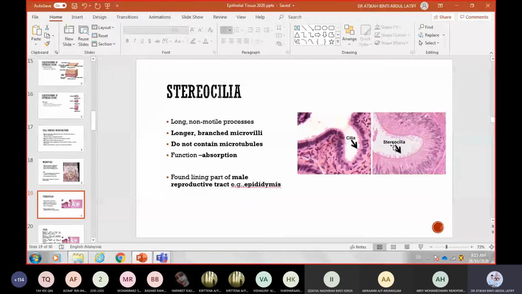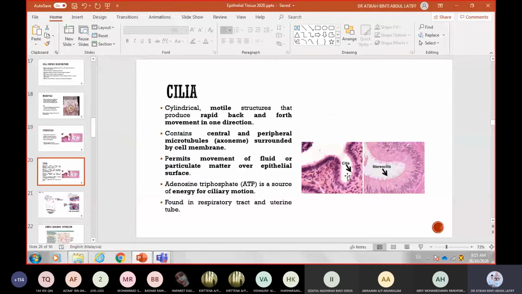So the stereocilia is for absorption. Cilia is for movement. Stereocilia are long and non-motile, they don't move, and the function is for absorption, whereas cilia is mainly for movement, moving back and forth in one direction to move things.